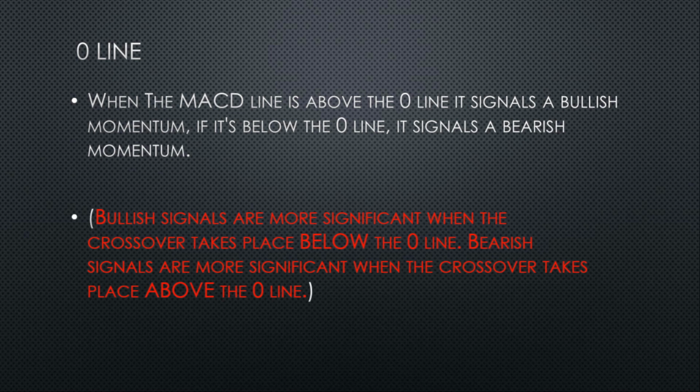And bearish signals are more significant when the crossover takes place above the zero line. That means there's more room for it to go down. And by crossover, I mean when the MACD crosses the signal line.